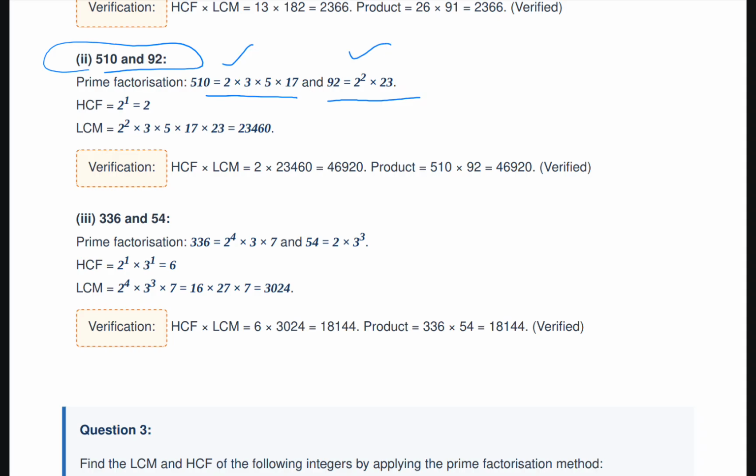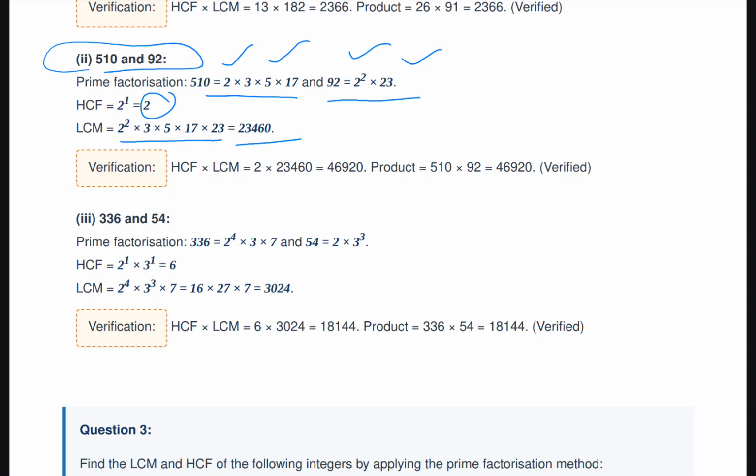That is only 2, so your SCF will be only 2. And what is the LCM? For LCM you will multiply the SCF by all the remaining prime factors, and you will get 23,460.